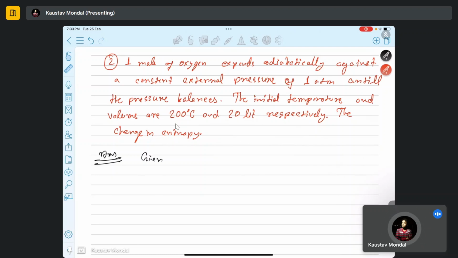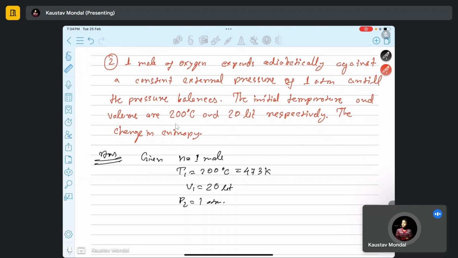So given that n is 1 mole, T1 is 200 degrees centigrade, that is 473 Kelvin. V1 is 20 liter, and P2 is 1 atm.